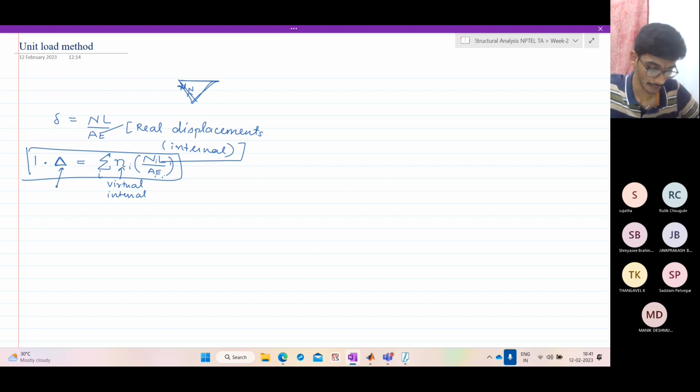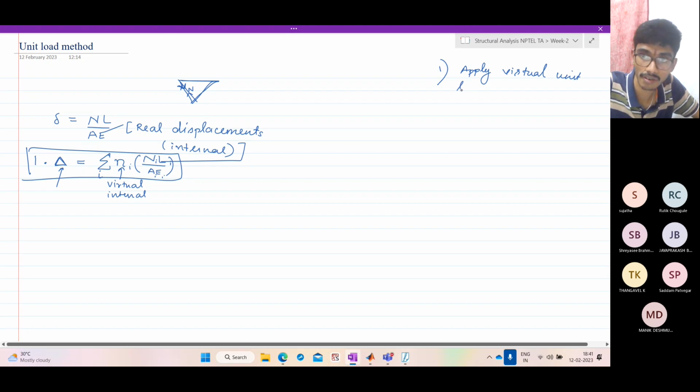So again, let us have the procedure. What is the procedure to get the displacements in a truss? The first step, apply a virtual unit load in the same direction as the displacement we want.